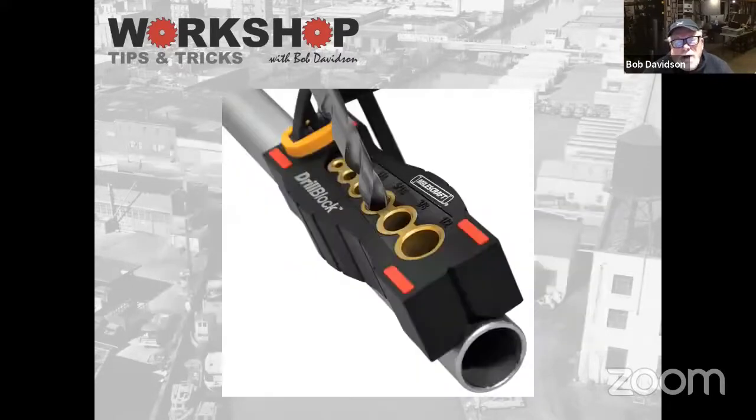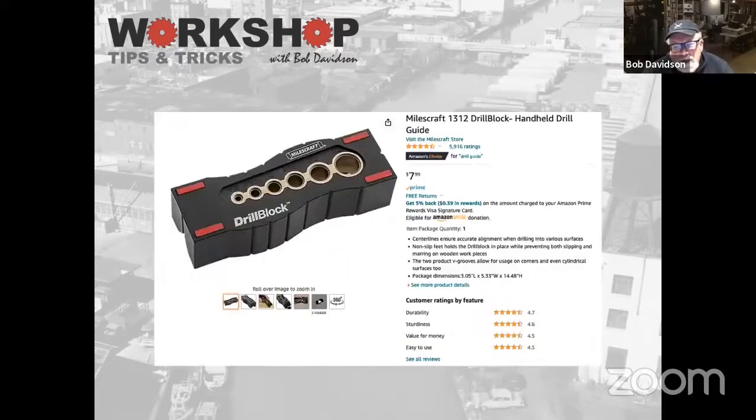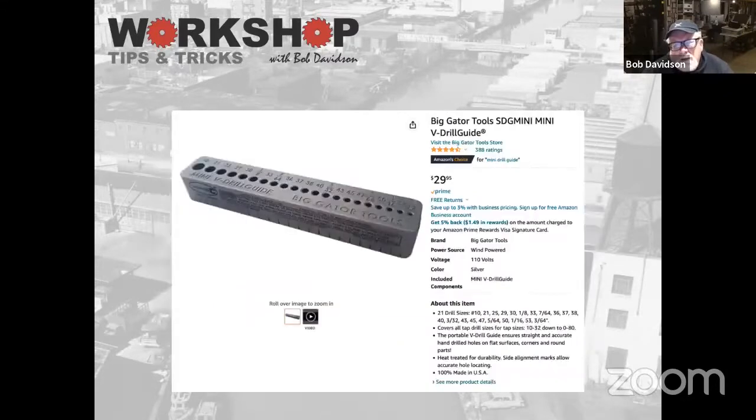So highly recommended. The back sides of both of those are notched out, so you can clamp them to a tube and then use it to accurately locate a hole and drill through into a tube. So, nice little tool. The little one is $8 on Amazon, and the big one is more expensive, but still a good investment, like I say, especially if you're like me and you shake a lot.